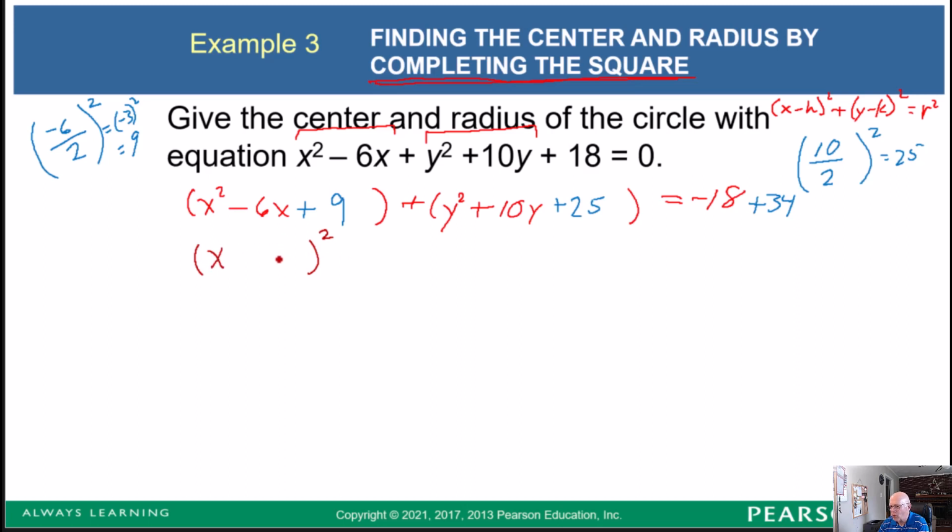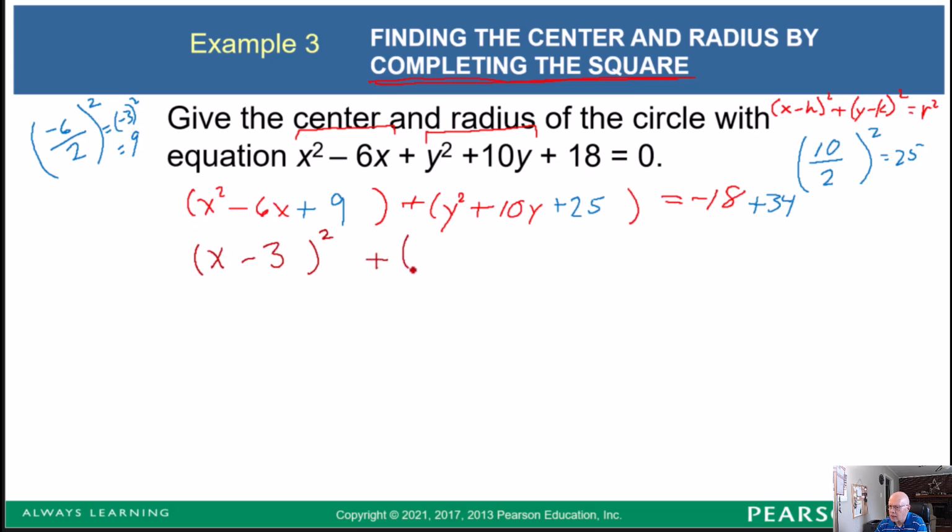Now, one easy way of figuring out what this is, you could just say that's the square root of this and then use this sign, or you can just say, okay, what's half of the -6? It's a -3. And then expand this binomial, and that's exactly what you should get right above that.